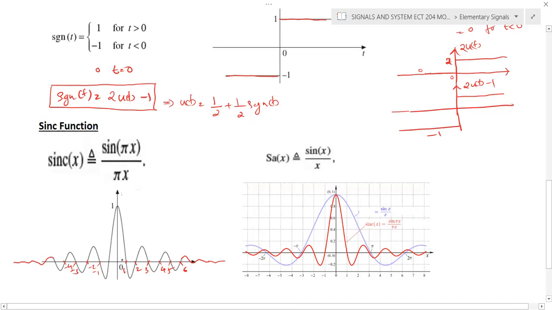Okay, and at t is equal to 0 or x is equal to 0, the function magnitude is 1. Okay, at x is equal to 0, we cannot evaluate this function, so we'll write the L'Hospital rule. So it becomes cos at the numerator, and denominator you will get another term. Okay, so based on that we are evaluating, because sine value is 0 at t is equal to 0 or x is equal to 0, but here you can see 1 because we are applying L'Hospital rule at this particular limit. Okay, so at t is equal to 0 or x axis, when this value is 0, at this particular point the function magnitude is 1.